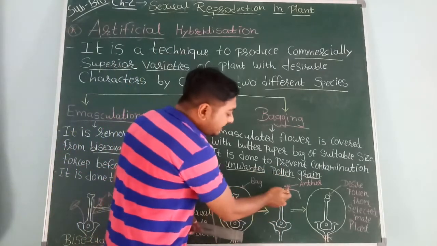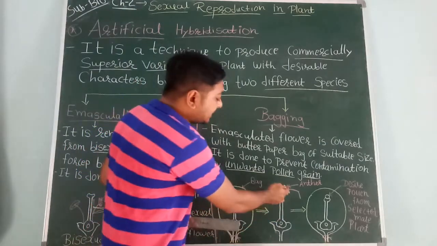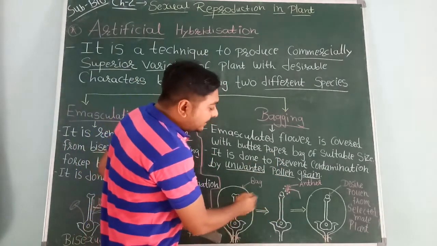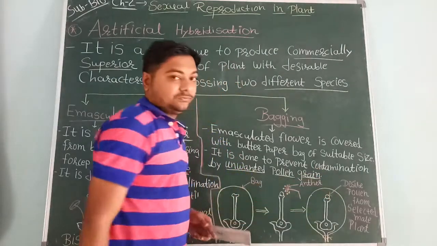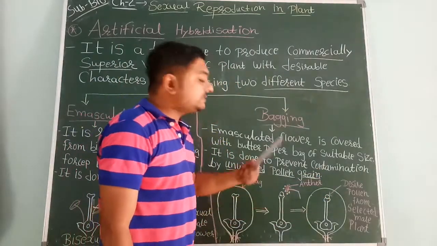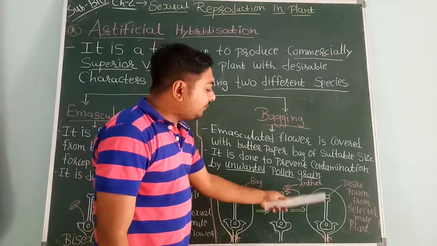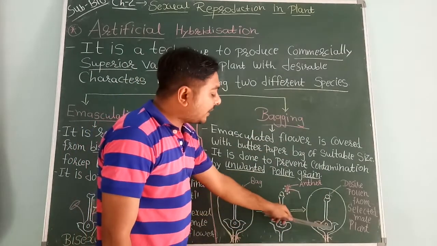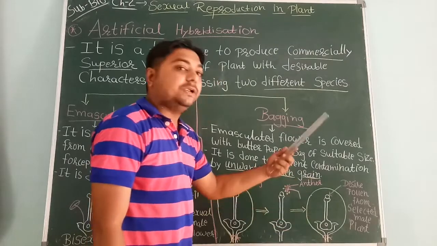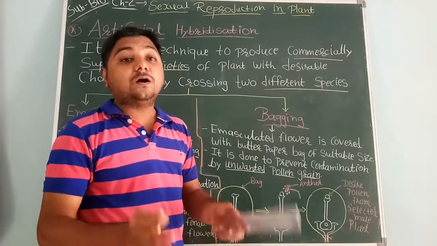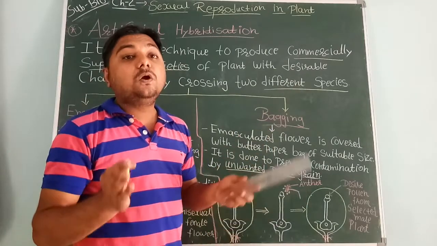Then this flower is rebagged until the fruit is developed. After the fertilization process, you know that the ovary is converted into fruit, and this fruit has the desirable characters of our selected two plants.